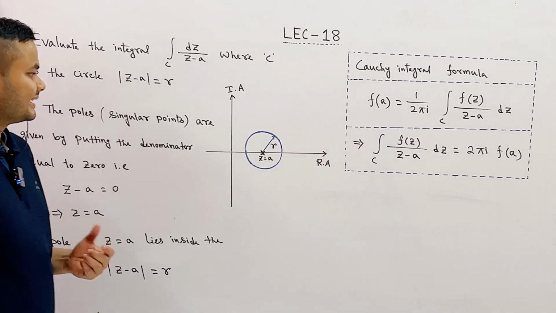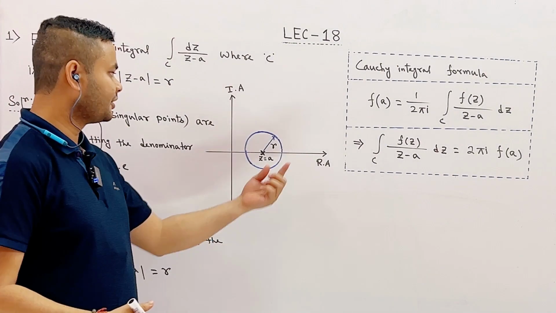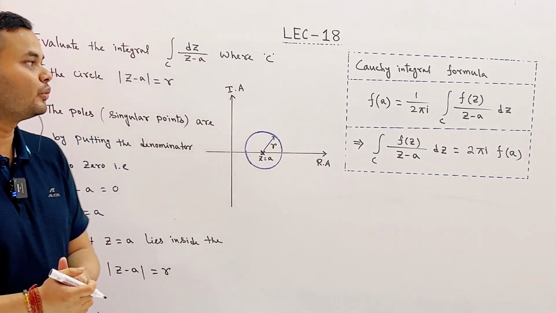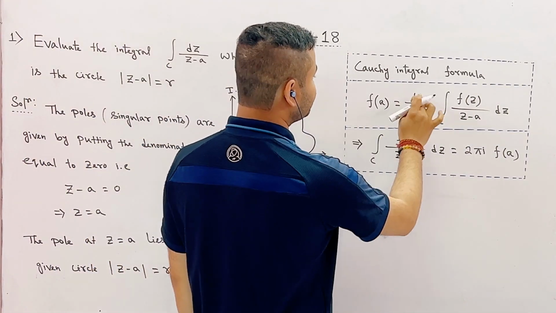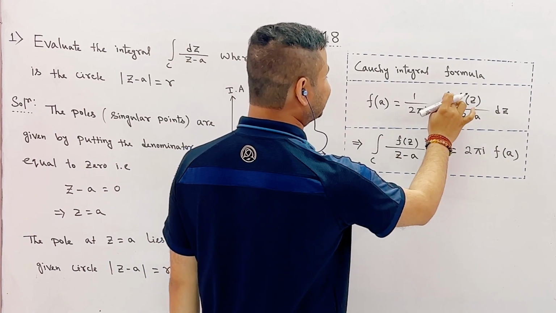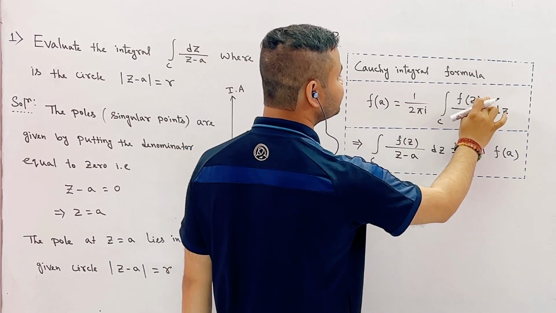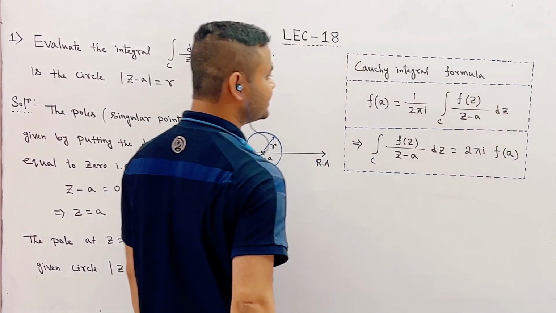Since there is at least one pole or singular point within this circle, we can apply Cauchy's integral formula, which is f of a equal to 1 by twice pi i integration along closed curve C f of z divided by z minus a into dz.